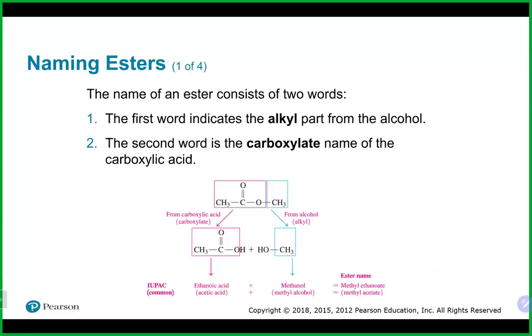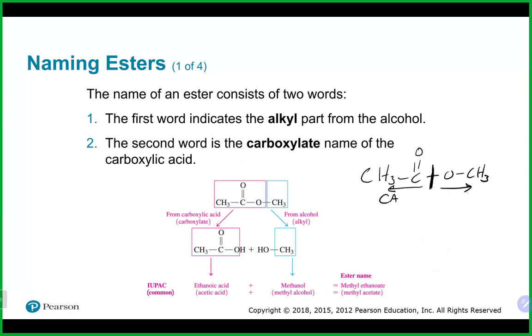So if we look at the one here in this example, which might be a little different, once again I would always go to where the connection happens. Obviously, we basically put it together right there, right between the carbon and the oxygen. Once again, heading towards the double bond, that's your carboxylic acid part.